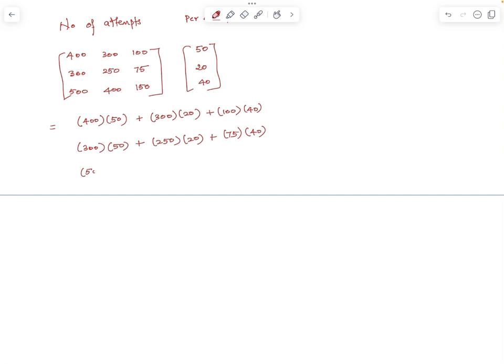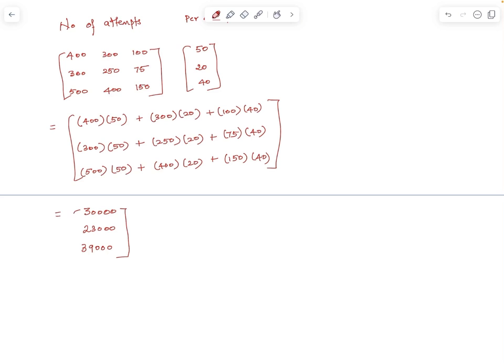In the third row, 500 times 50 plus 400 times 20 plus 150 times 40. We get 30,000, 23,000, and 39,000. So we got the answer for all the three questions.